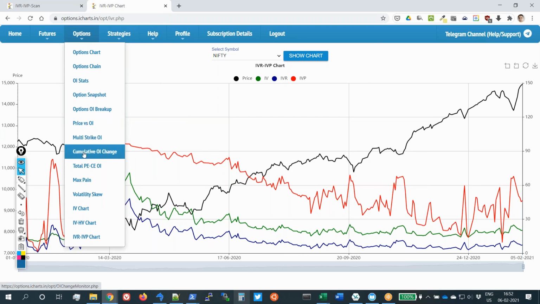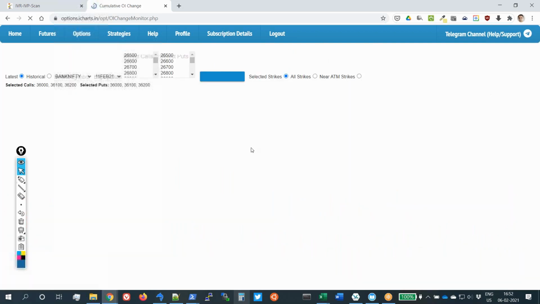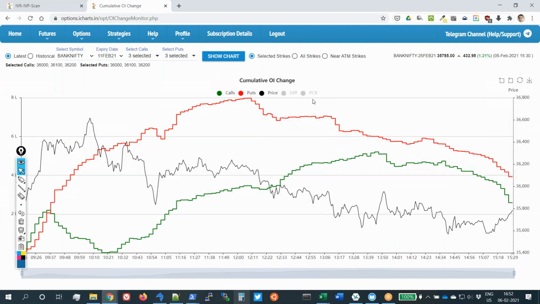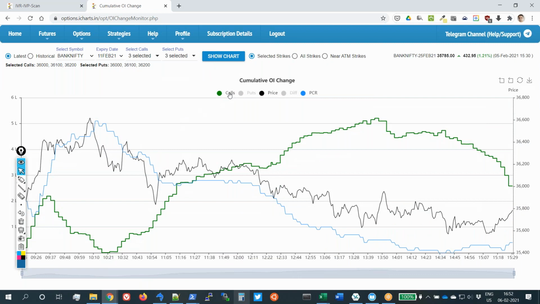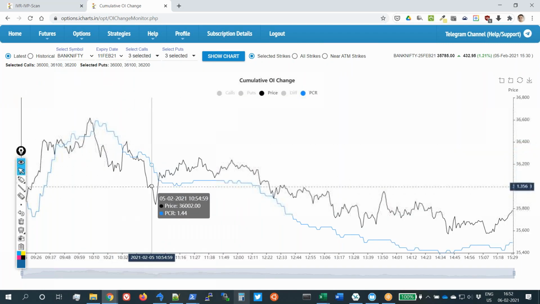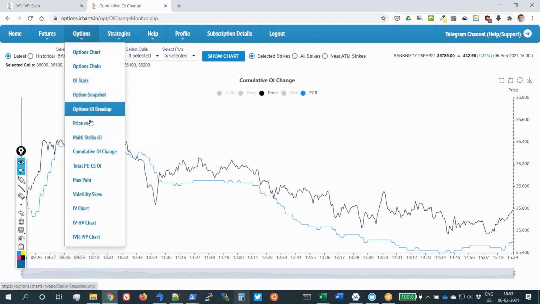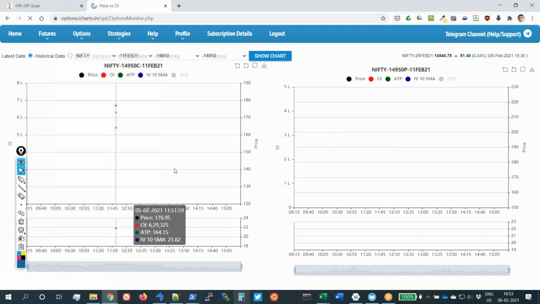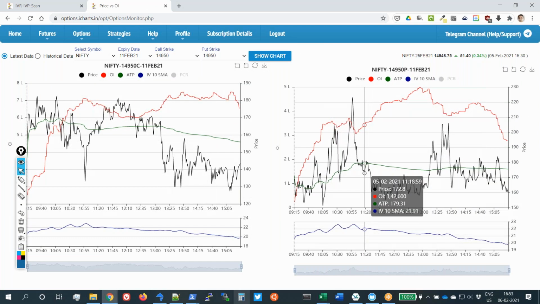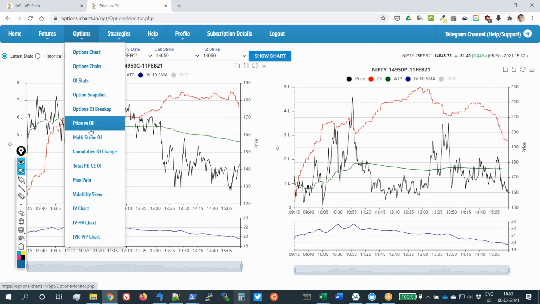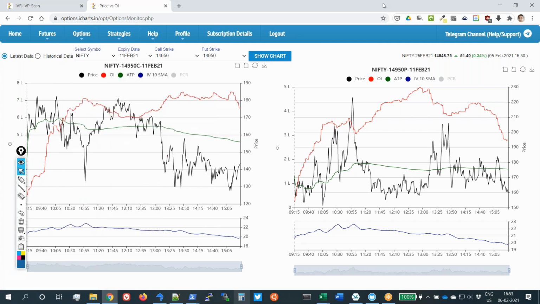You decide on the trend using cumulative OI change or the option chain, and then you switch to price versus OI and take trade entries. Always use these together.